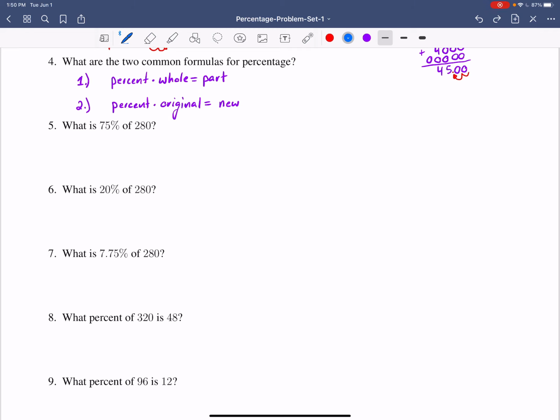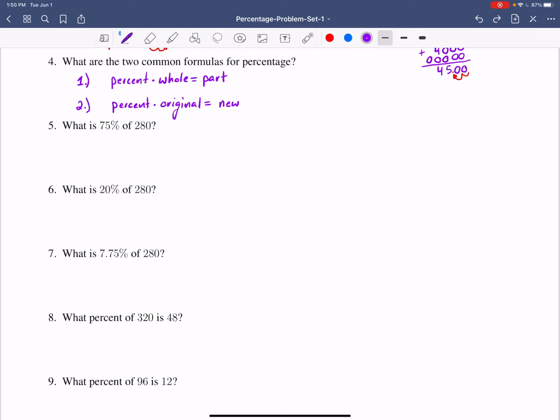Or the most easy situation is, say I asked you, what's 15% of 30? Well, there, we're given the percent, we're given the whole number 30, and we simply multiply those together to find the part that's 15%. So those 3 situations can arise, and here we'll look at them very quickly.